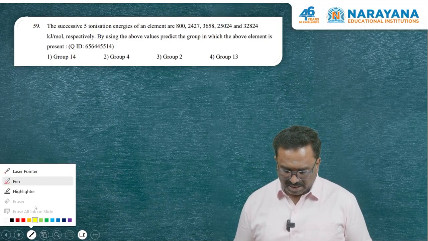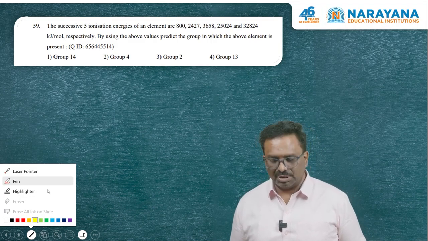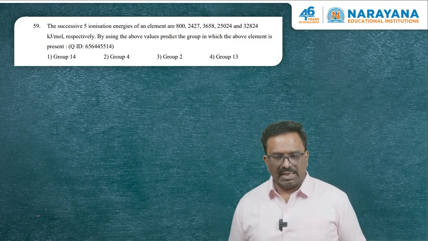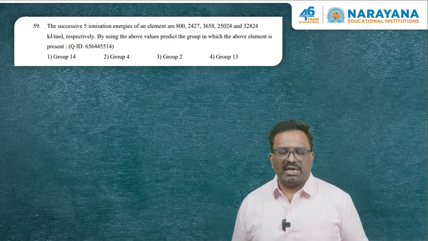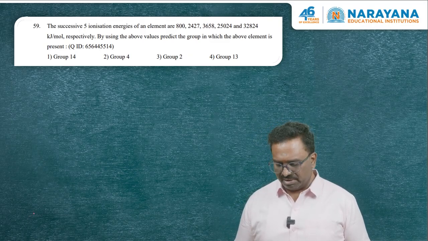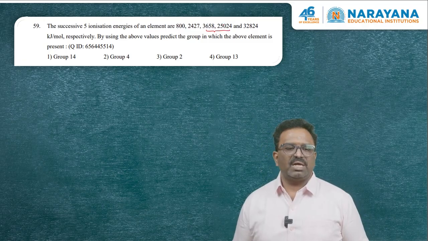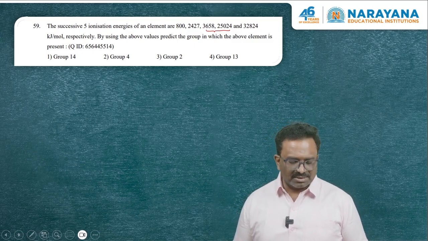Now let me see the next one. The successive 5 ionization energies of an element are 800, 2427, 3658, 25024, 32824. In this you can identify a larger jump in ionization energy between the third and fourth ionization energies.